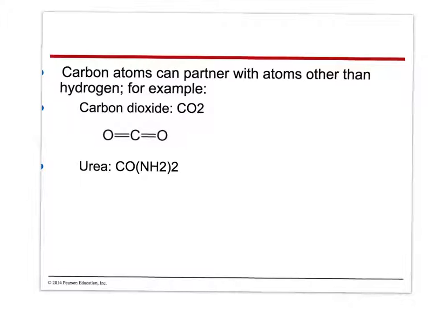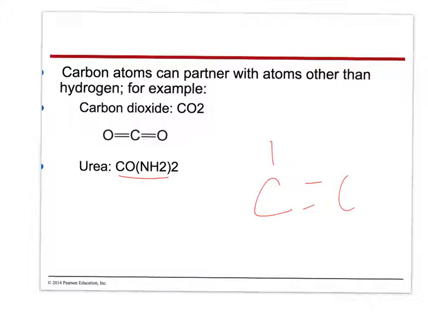So let's draw this one out. How are we going to do that? Here's our carbon, right? It's going to have a bonding to an oxygen. Yes? And then what? Is it 1 bond to oxygen or 2?